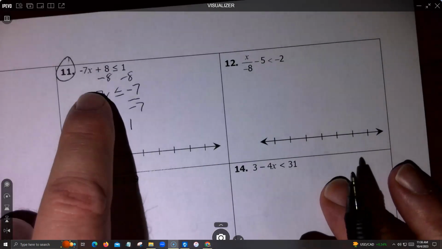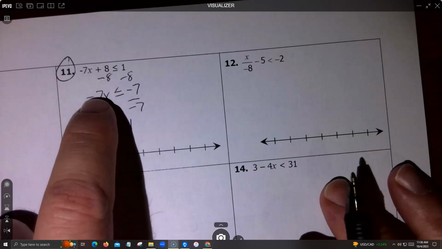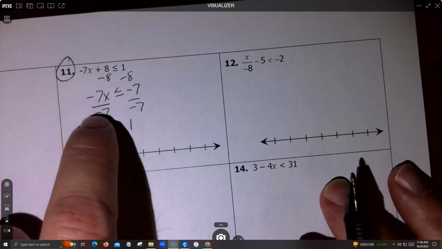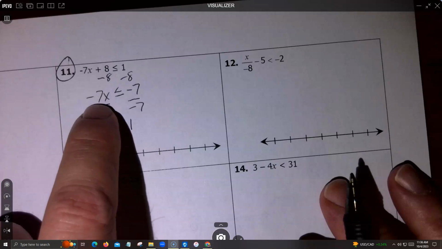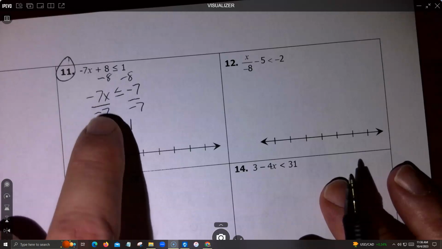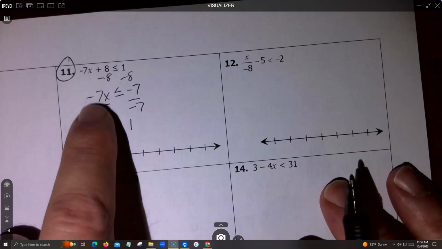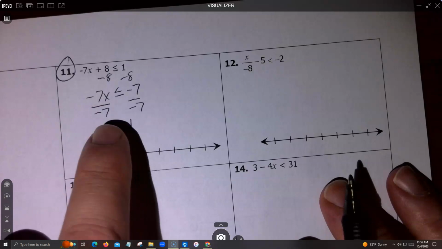So that's the trick. When I divide by a negative, that means literally what's happened is the variable has changed from a negative to a positive. See how this is negative 7x, now it's a positive x. So basically when the variable changes sign, that's when your symbol has to change.